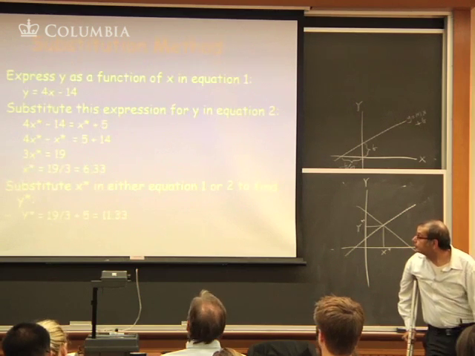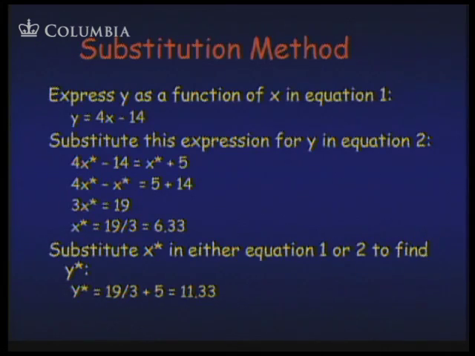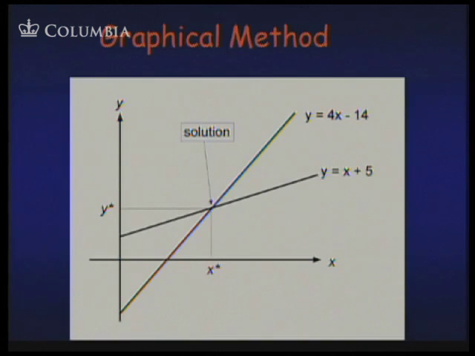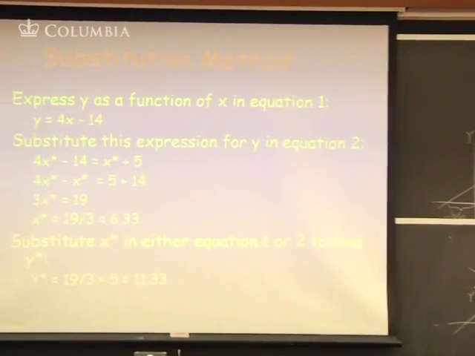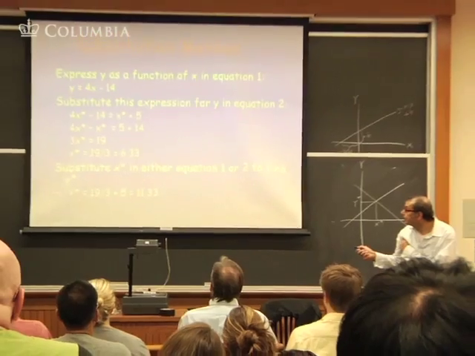Okay, so here we're simply trying to solve these two equations, this one and that one, via the substitution method. So we've got y equals 4x minus 14.